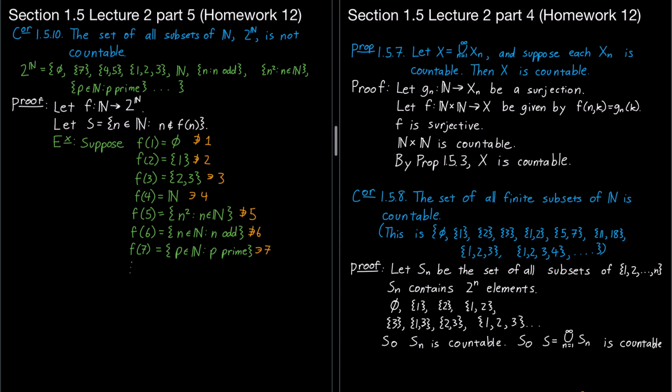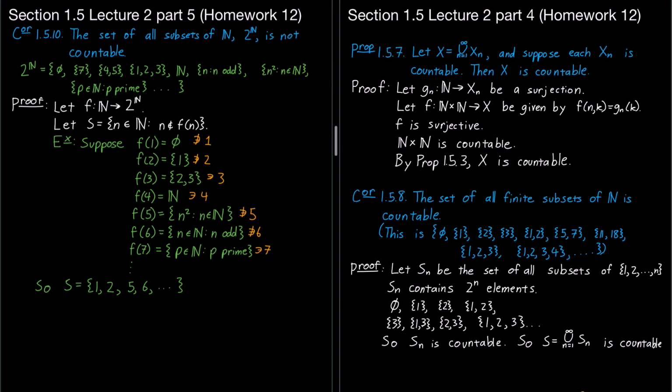And so our S is going to have 1 in it. It's going to have 2 in it. It's not going to have 3 or 4. It's going to have 5. It's going to have 6. It's not going to have 7, and so on like that. But the point is, if you've got a function f like this, then you can construct this set S. You can come up with an S that works.